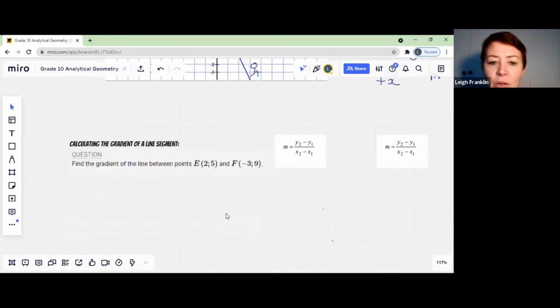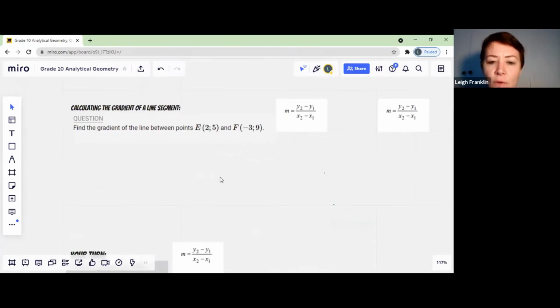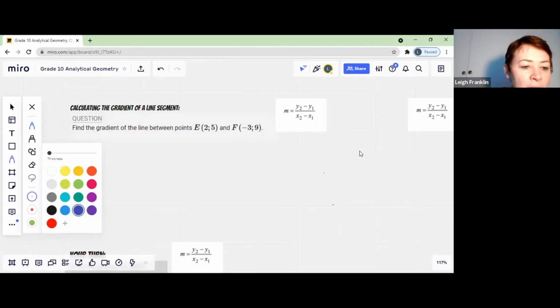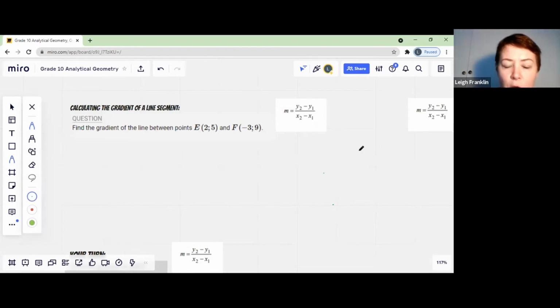Here we go. Calculating the gradient of a line segment. We're going to use the gradient formula to do that. Again, we need to label our coordinates. So if we decide that this is going to be x1 and that's going to be y1, this has to be x2 and 9 has to be y2.